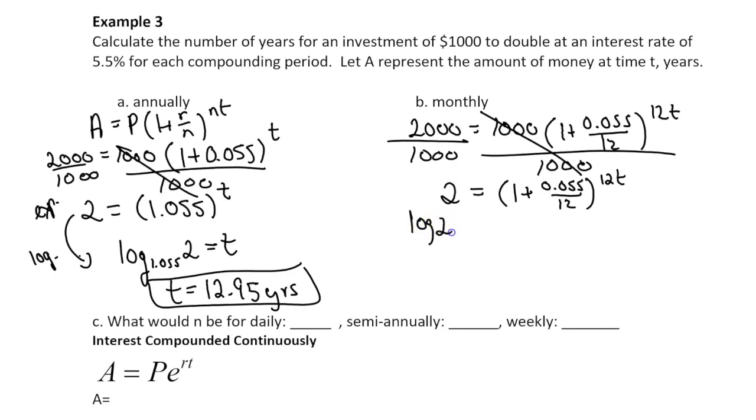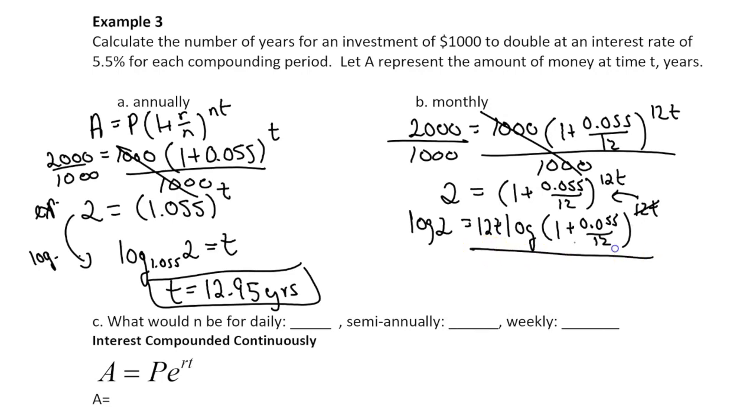You could say log 2 equals log of this value here, which is eventually a repeating decimal. What ends up happening is this 12t can kick in front using our soccer kick rule. Then if we want to isolate for t, you have 12 times t times the log of that.